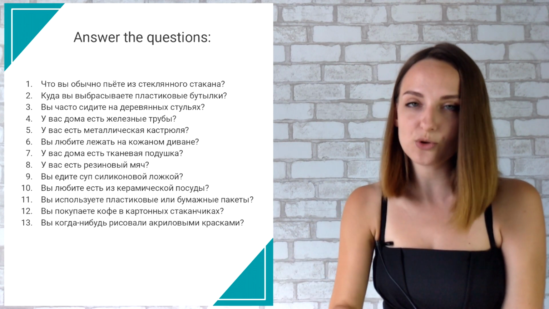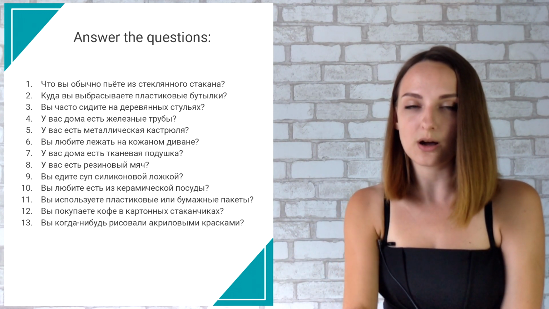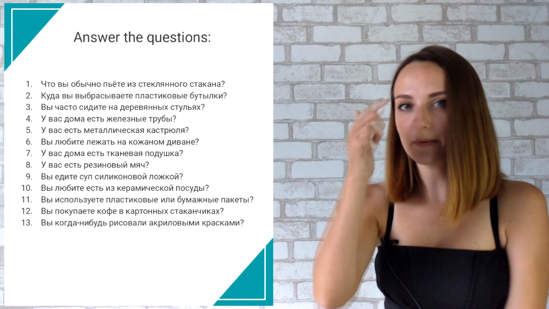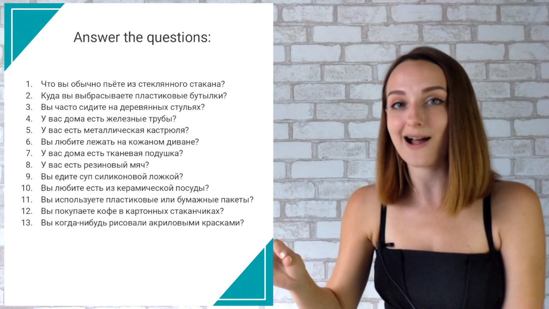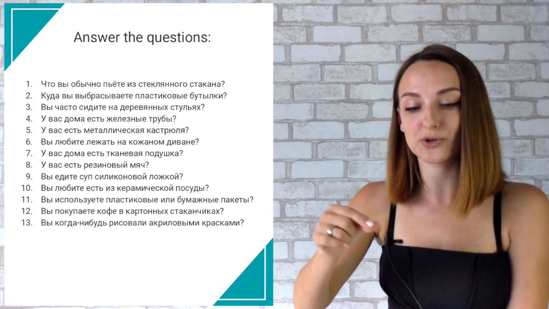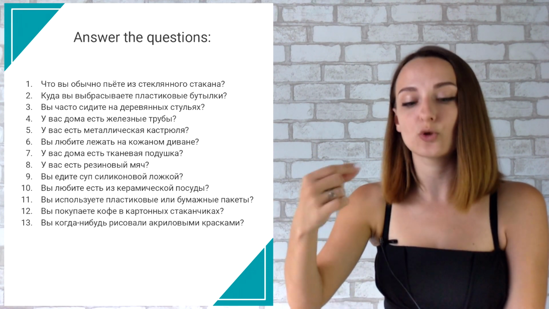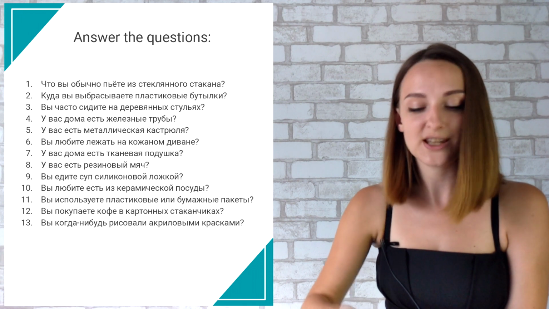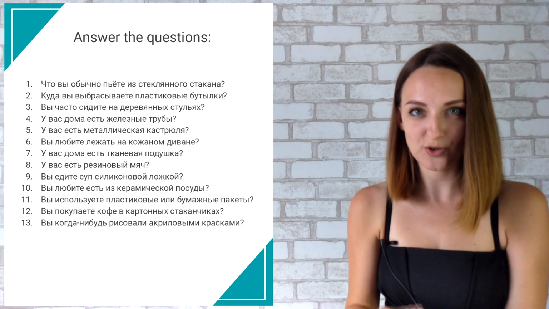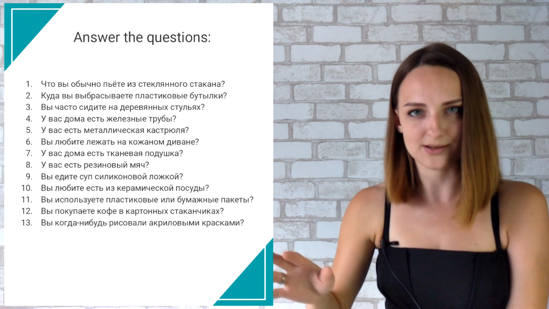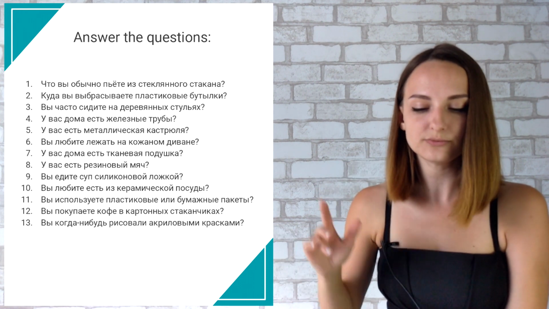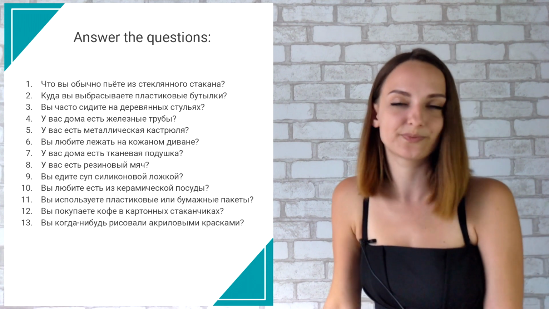Okay? And you do the same with all other questions. I will not read them for you now. You stop the video, you read them out loud. It's very important to pronounce all of these questions in the correct forms of adjectives and to answer them. Okay? Just orally. Do not write anything. Just answer the questions. Хорошо? So do it and go back to me.